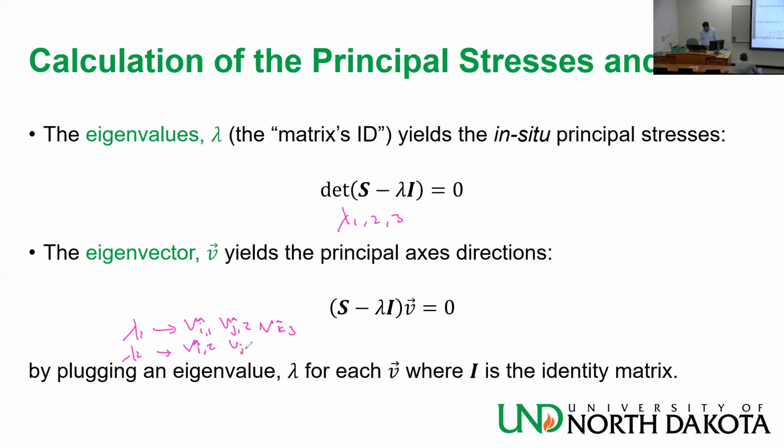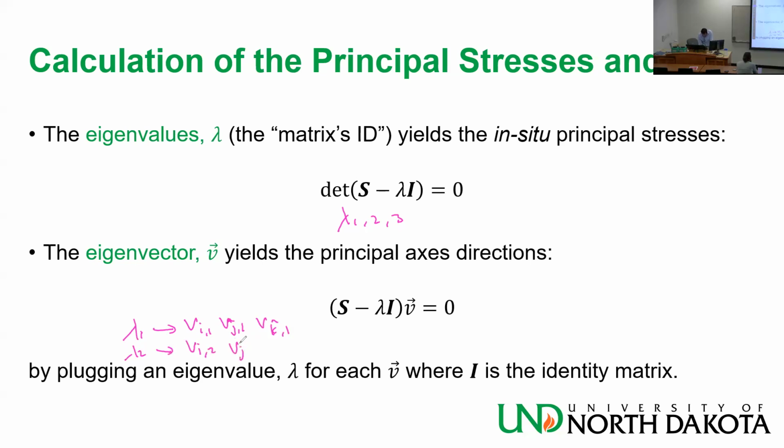Vj2, Vk2. Yeah, what I wrote at the top was wrong. One second. I made a mistake, sorry. Vk1, let's say, and you don't have to call them this way unless I tell you.